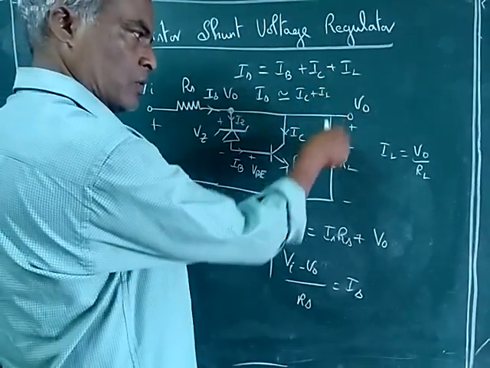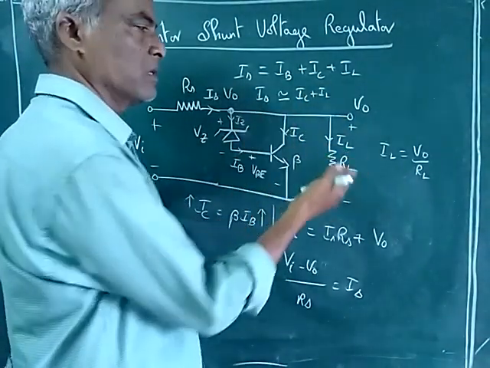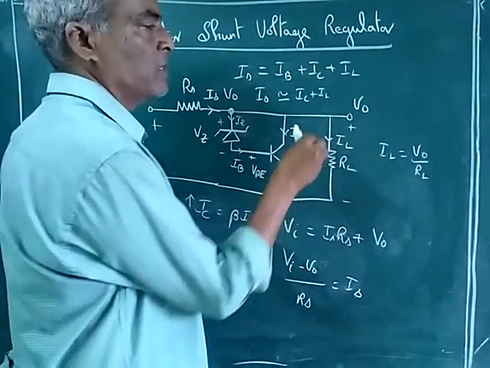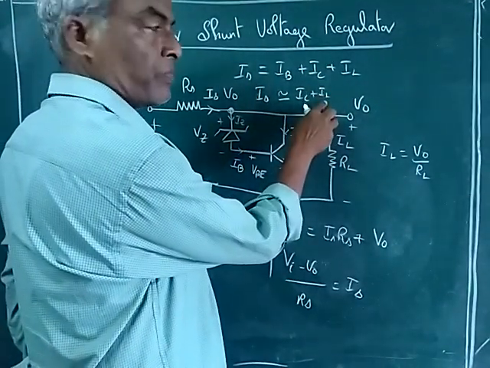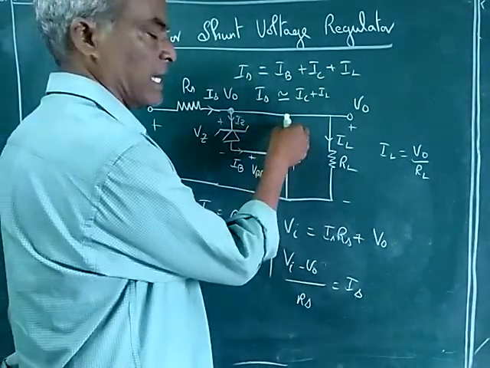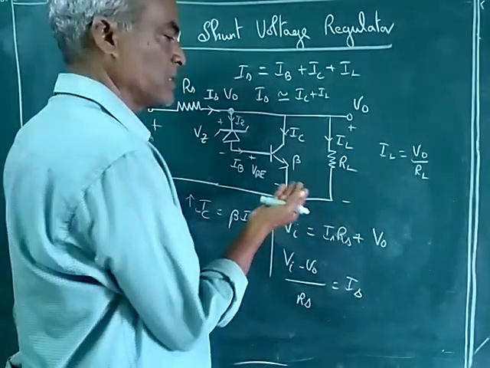Understood? So we know IL because the load needs Vout and we know the load resistance, therefore we can find IL. And IC is known because, based on the base current, the collector current is beta times IB.